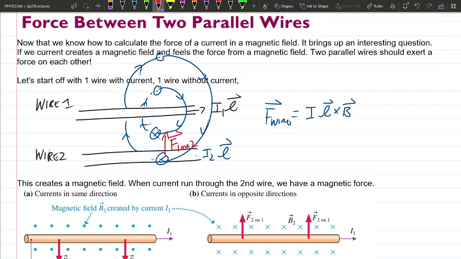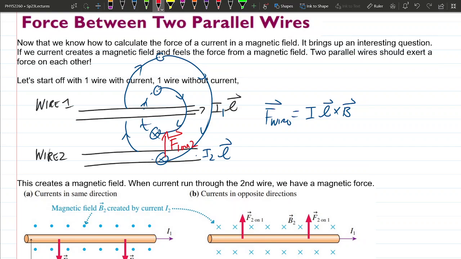Now that we have a current in wire number 2, what happens? What else should we be modifying in this situation? What's happening to wire number 1 now? The currents are separate, but what could be emanating from wire number 2 now that we have a current going through it?